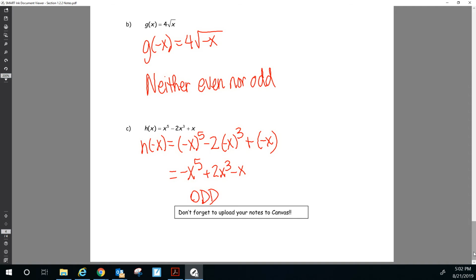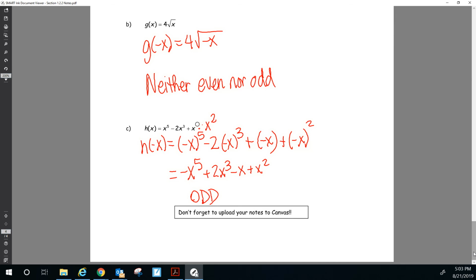Now I promised you I'd tell you a little trick. What would happen to this guy if I added anything that's got an even exponent to it? So what if we made this x squared, and now I add an even exponent? When you raise that negative to an even, what happens? It becomes positive x squared. Uh-oh, now this term didn't change because it's got an even exponent.